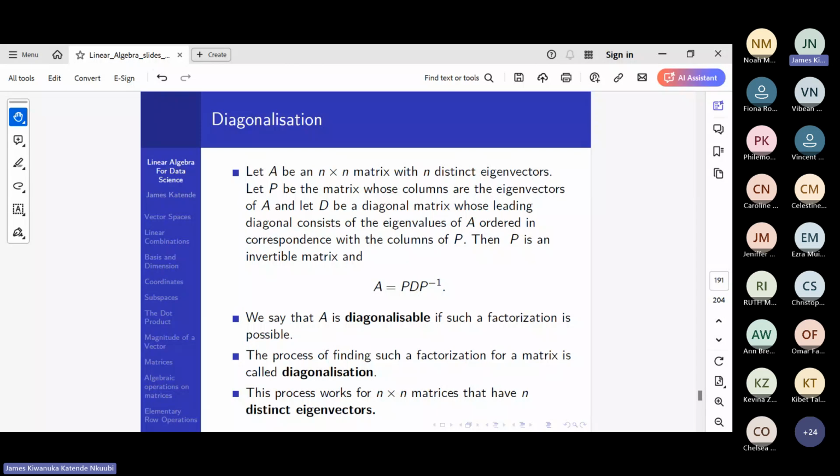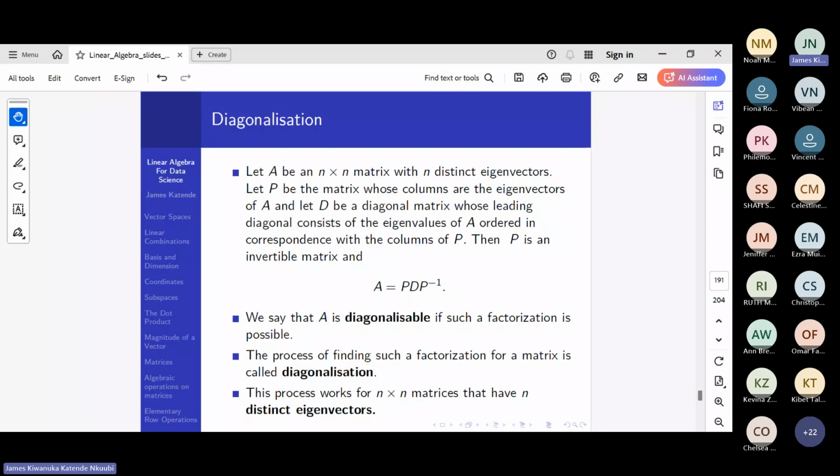So the next topic we shall look at is diagonalization. If you have a square matrix A of size n by n, and it has n distinct eigenvectors. There are situations where you have an n by n matrix, but the number of distinct eigenvectors will be less than n.